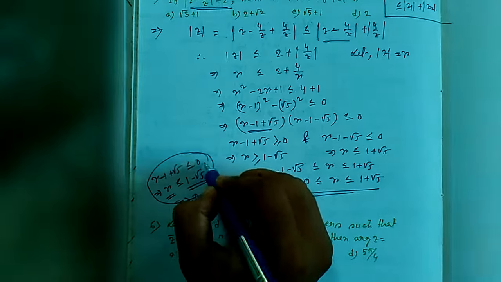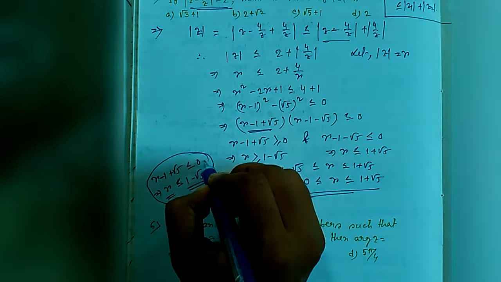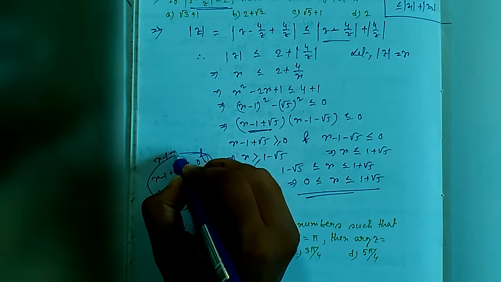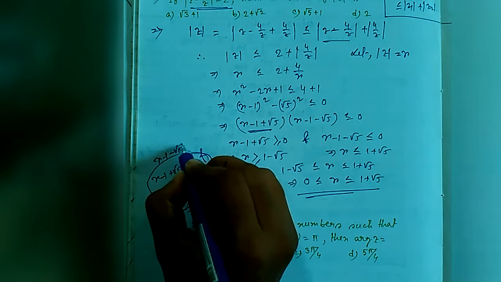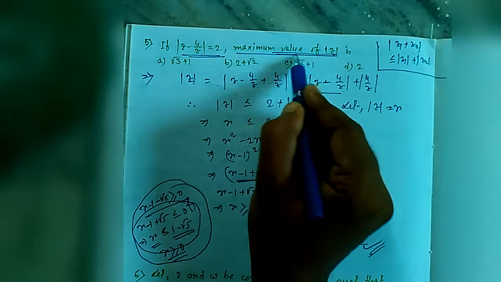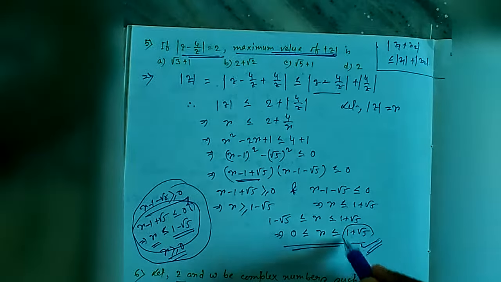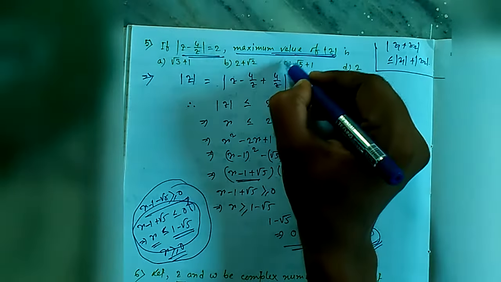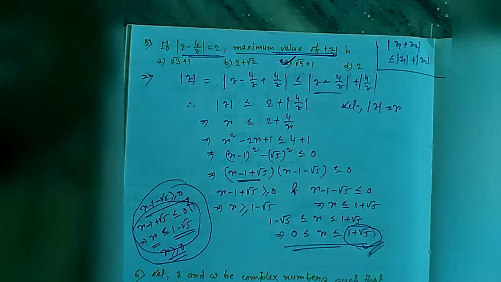Okay, when we take this condition, when this is less than 0 or 1 minus root 5 greater than or equal to 0, this condition is not acceptable, so our condition is satisfied. So here the maximum value of mod z will be 1 plus root 5, so our option C is correct.